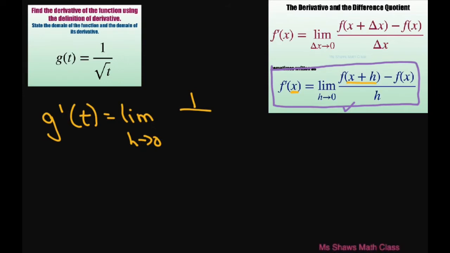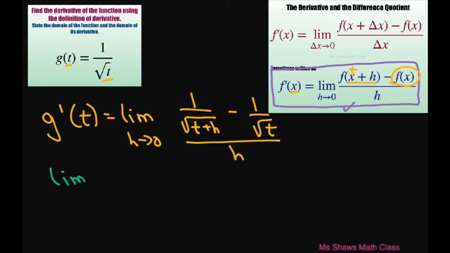In our case, we're going to use t plus h because we're dealing with t right here. So it's going to be square root of t plus h. And then you subtract your whole function, which is going to be 1 divided by square root of t, all divided by h.